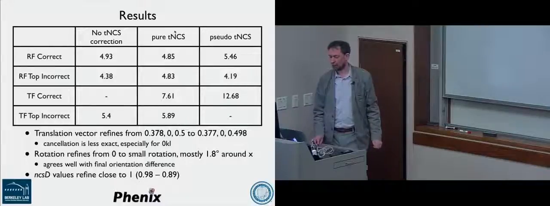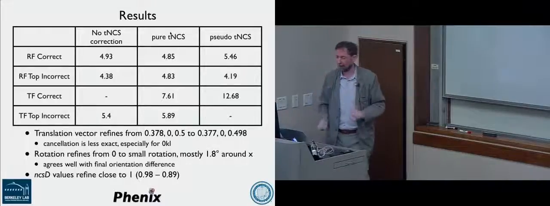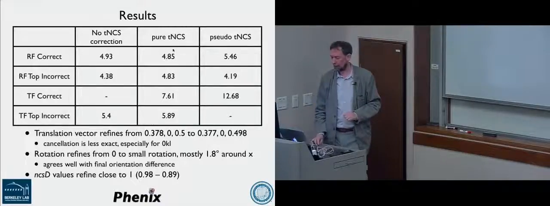If we treat this as a pure translational NCS, where we assume the vector is some very well-defined fraction in the unit cell, we actually make things worse in rotation space, but we can improve the translation function. Now we find the right peak as the top solution.